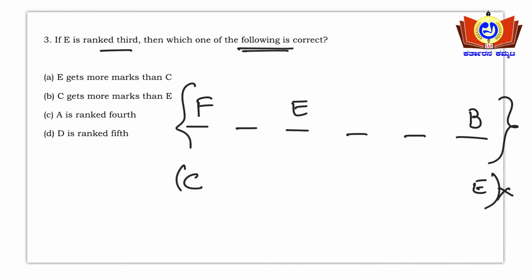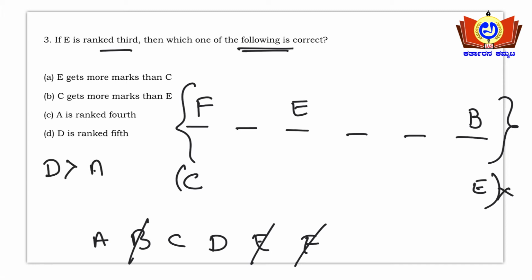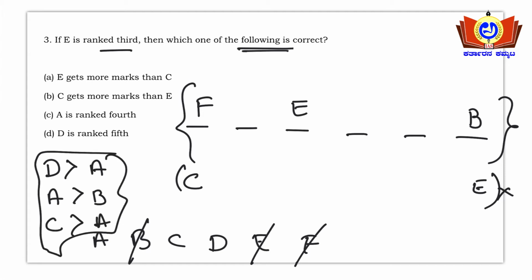Amongst A, B, C, D, E and F, the positions of F, E and B got fixed, and the condition was D is greater than A, A is greater than B, and C is greater than A. So we need to take these conditions.